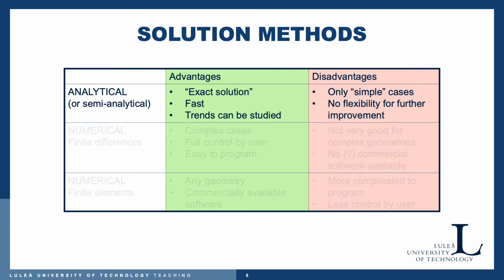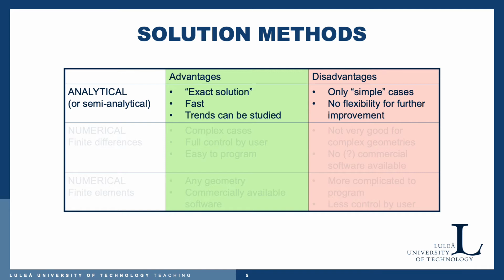It's not up to some numerical discretization error or some numerical specified tolerance. It's also very fast, it's just a computation. And we can study trends, like the effect of different parameters, easily. It's just to see exactly what the response is in the analytical solution.